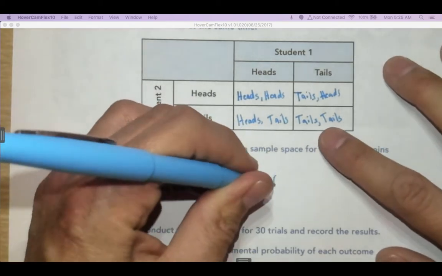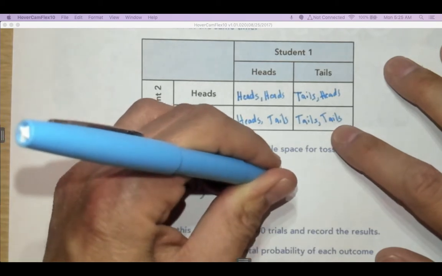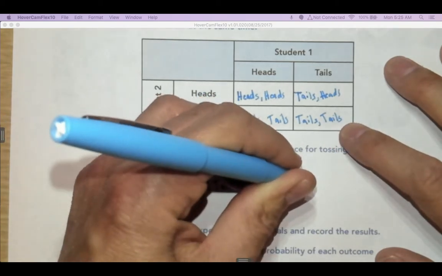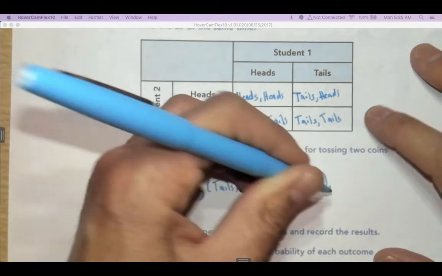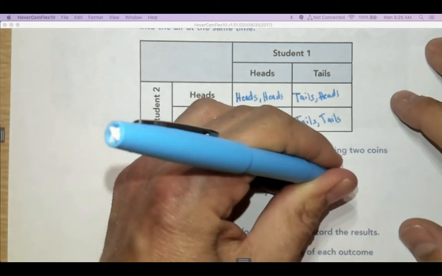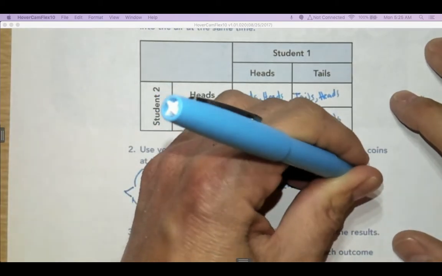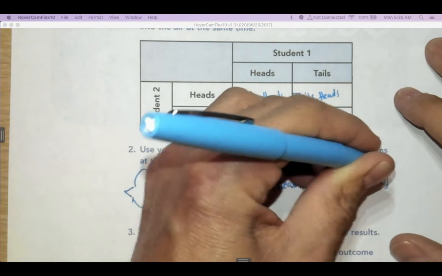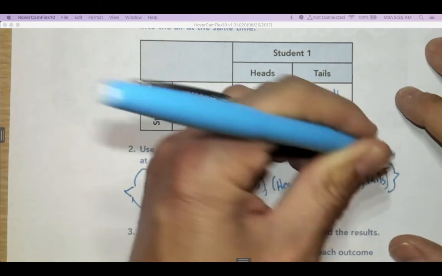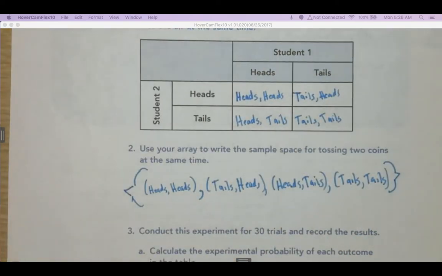I could have heads and tails. Or I could have tails and tails. Okay.